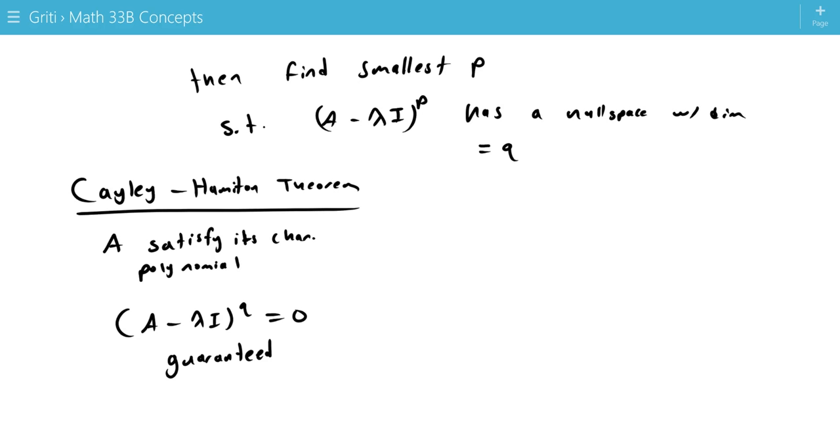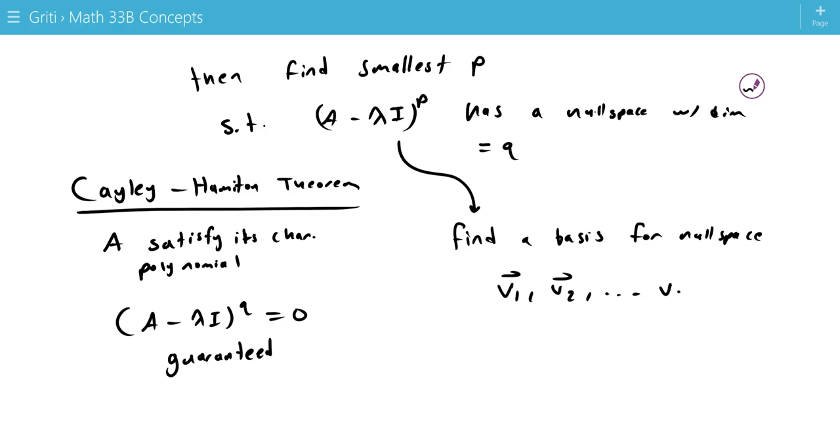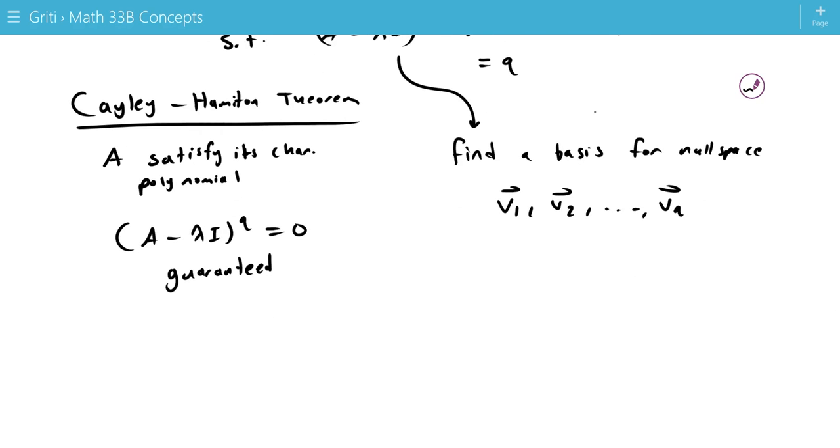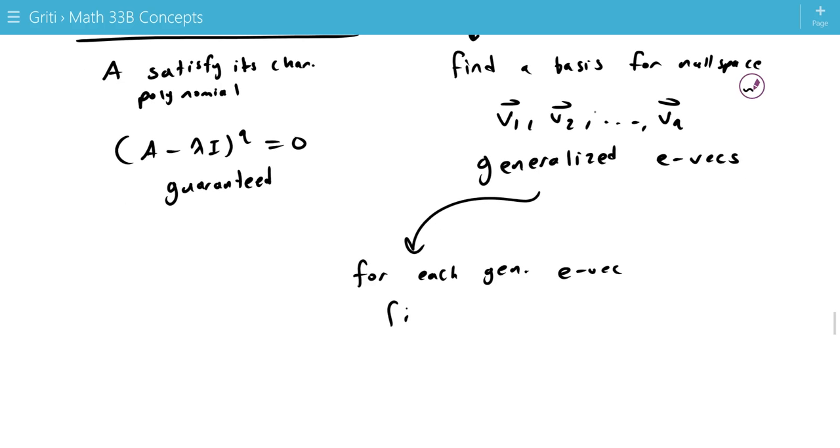So after you find that (A minus lambda I) to the p has a null space of dimension q, then you find a basis for this null space with vectors v1, v2, all the way to vq. And these are called the generalized eigenvectors. And then for each generalized eigenvector, we find a solution.